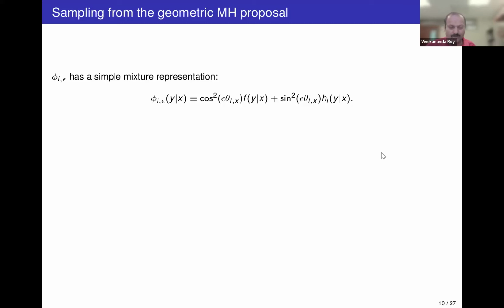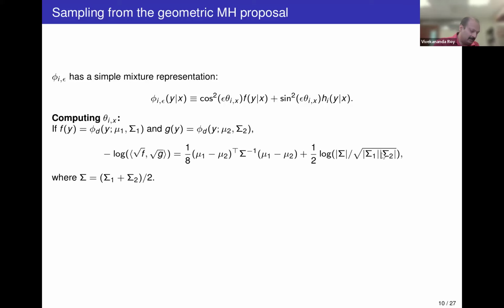Like, for example, the normal random walk or an independent MH proposal or a MALA proposal. So this boils down to calculating theta, the angle, and being able to sample from H.